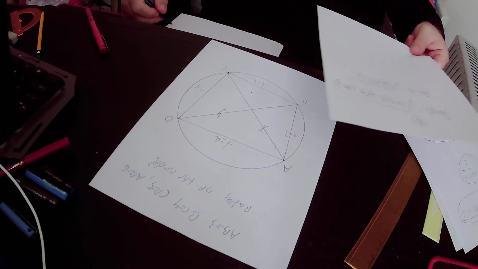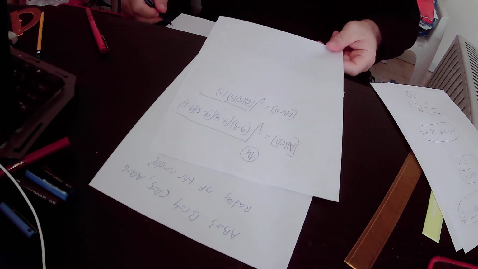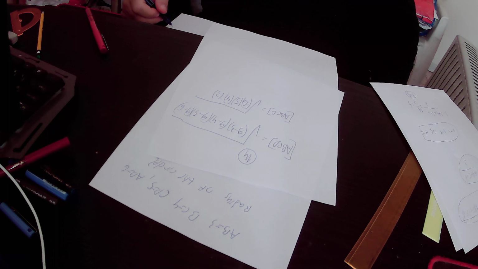So the area of quadrilateral ABCD equals the root of 3 times 4 times 5 times 6.